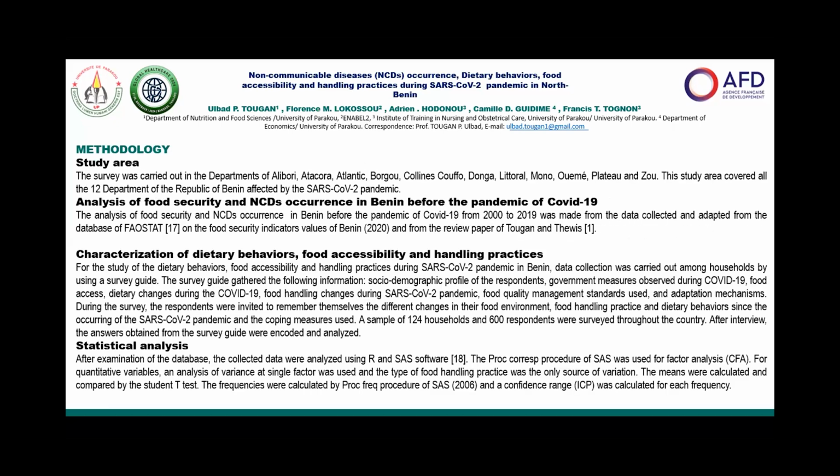Methodologically, the survey was carried out in the departments of Alibori, Atakora, Atlantique, Borgou, Collines, Couffo, Donga, Littoral, Mono, Ouémé, Plateau, and Zou in the Republic of Benin. This study area covered all 12 departments of the Republic of Benin affected by the SARS-CoV-2 pandemic.